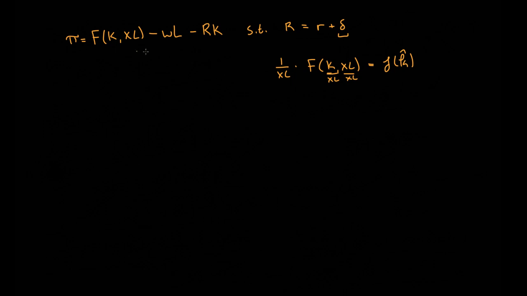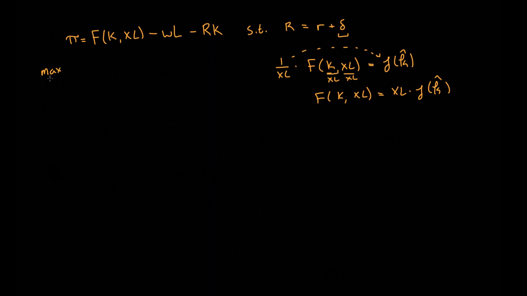To make it nice for substitution, we bring this 1 over xl to the other side. So the production function in gross terms is equal to xl times the production function in labor effective capital terms.